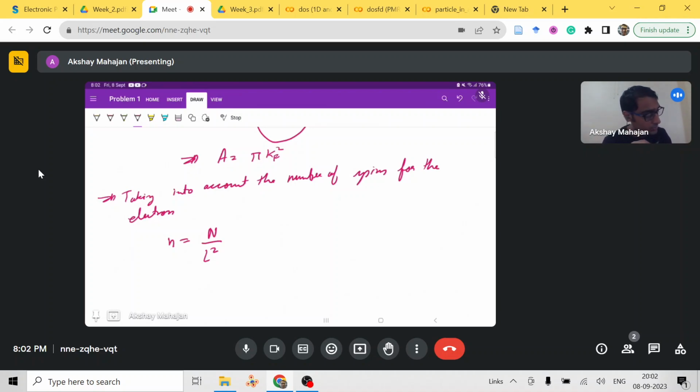There is a total area in real space, which is number of electrons per unit area.